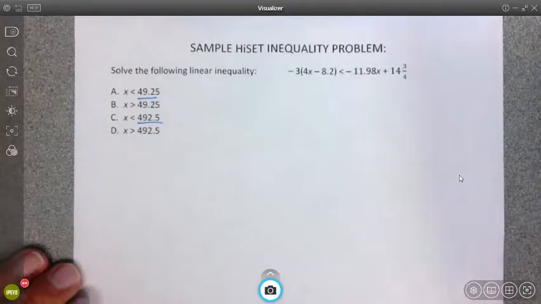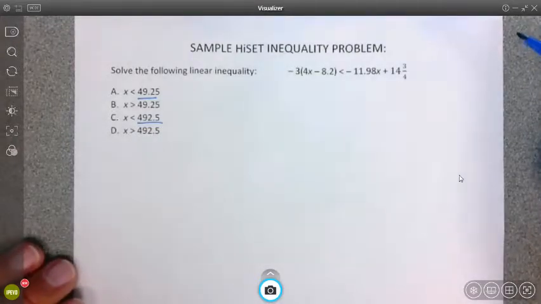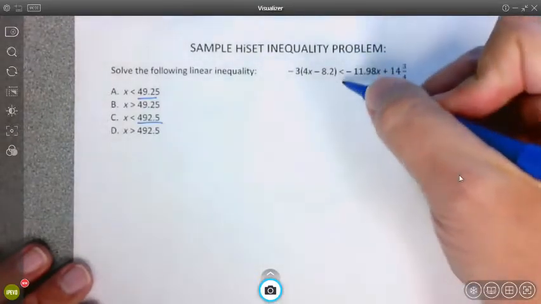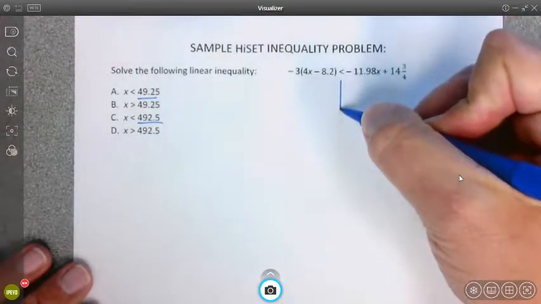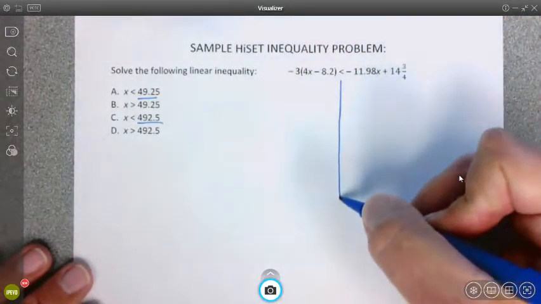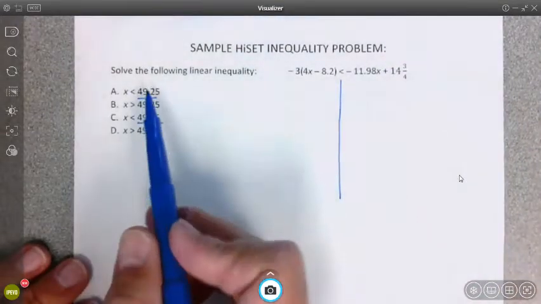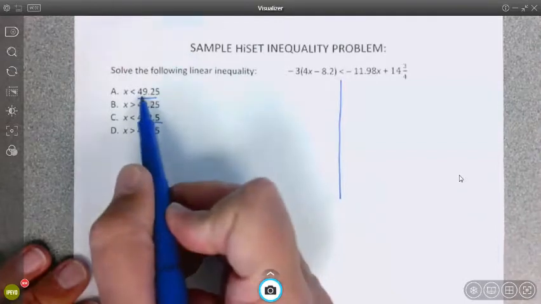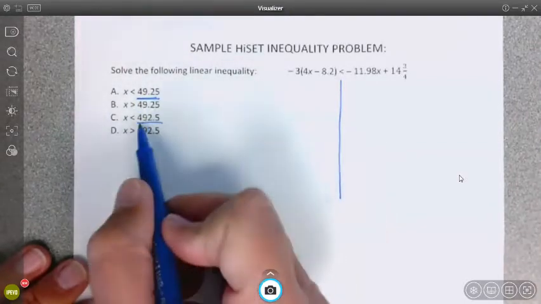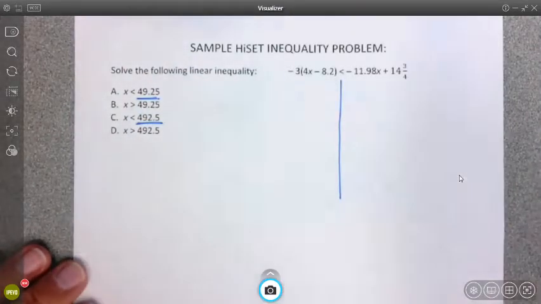Let's look at trying to solve the following sample inequality practice problem. Before I begin, let me draw a line down the paper that separates the left and right-hand sides of the inequality. Also notice that I've underlined the two values, 49 and 25/100ths and 492 and 5/10ths, that appear as part of each of the four answers.